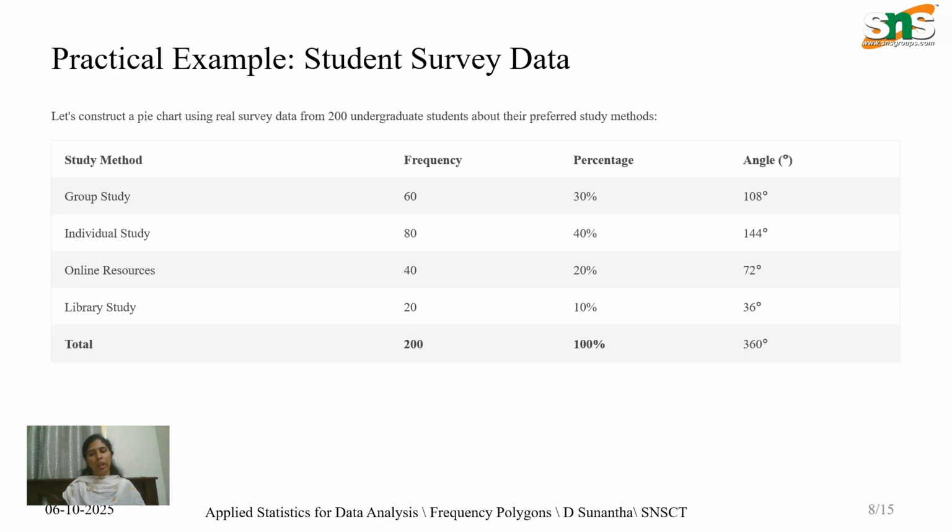Next, 20 by 200 into 100 gives 10 percent. The percentage total is also 100. Next, we convert this percentage form into degree format by 30 divided by 100 into 360, which gives 108 degrees. Similarly, 144 degrees, 72 degrees, 36 degrees, and 360 degrees.